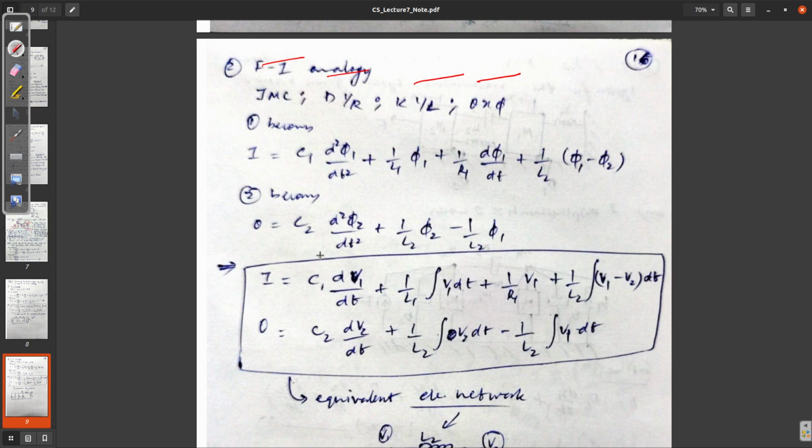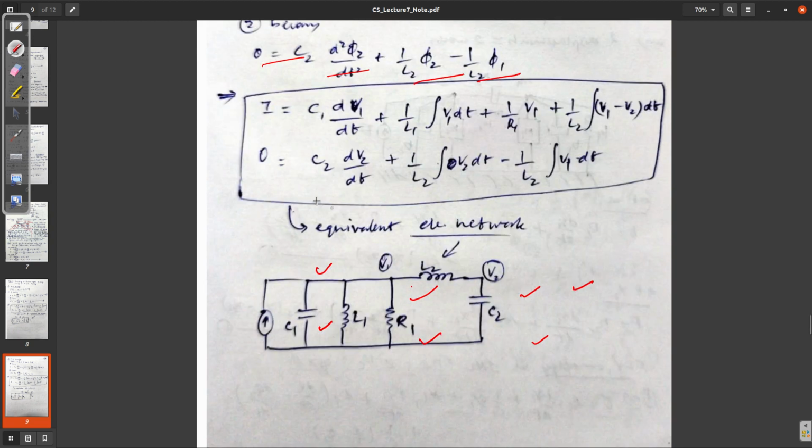C1, L1 and R1 are at node 1, a single node, and C2 is at the other node, and L1 is in between these two nodes. So that is what we have here: our current I, C1, L1 and R1 connected to node 1, C2 connected to node 2, and L1 in between these two nodes.